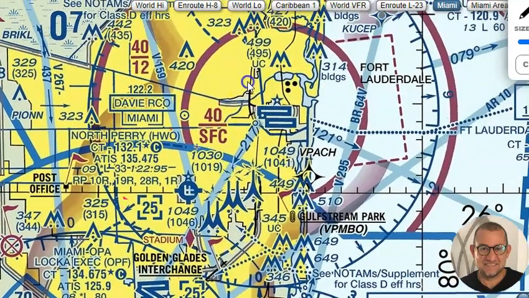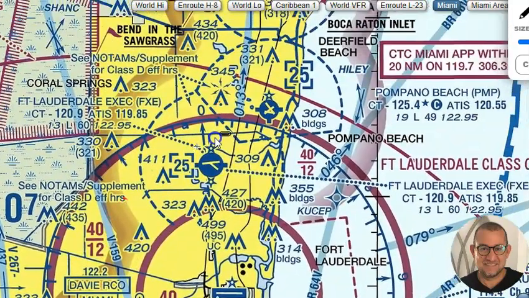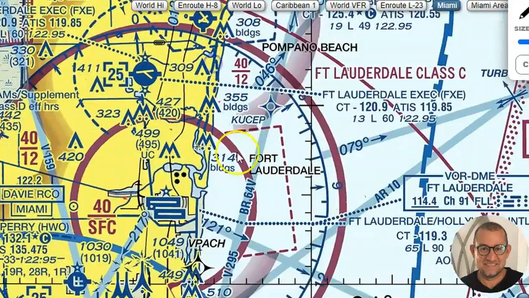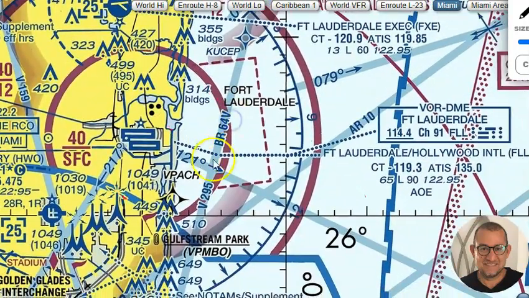Let's just find one more airport, like a major airport. I believe this is Fort Lauderdale International. Here I see the control tower, open full time. It doesn't have that little star, and it doesn't say anything about right pattern or left pattern. It could be that one of the runways has right patterns or more than one, we just don't know.